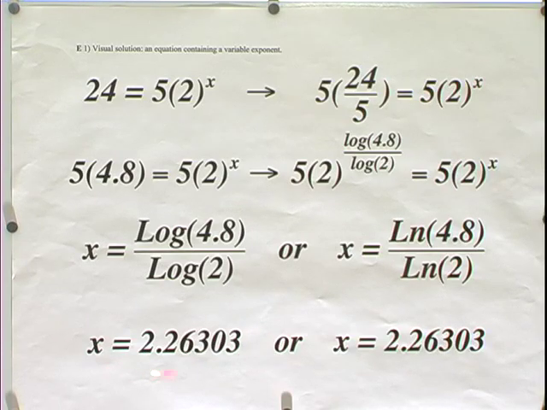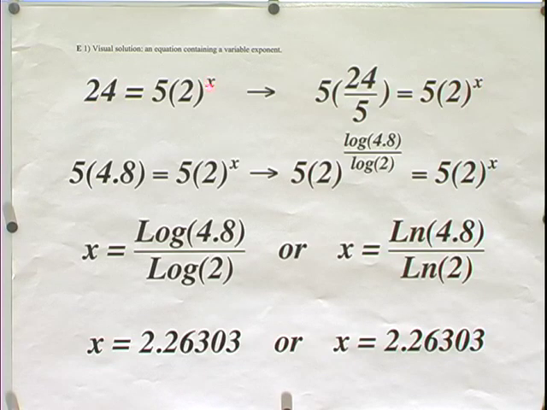Let's check to see if this is reasonable for x. If x is 2, this will be 2 squared or 4. 5 times 4 is 20. That's not enough. If this x is 3, 2 raised to the third power is 8, and 5 times 8 is 40. That's too much. However, 24 is closer to 20 than it is to 40.